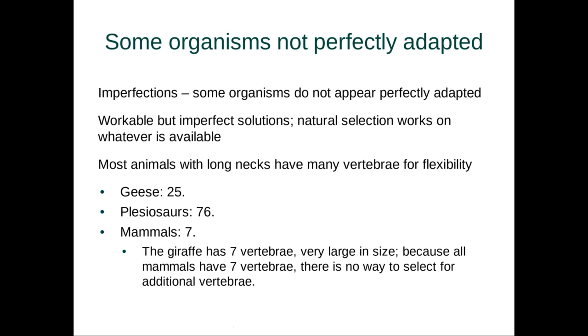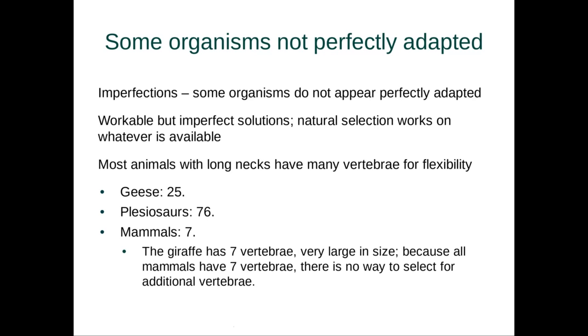Now, they have workable solutions, but natural selection, remember, has to act on what's available. So if the perfect solution for the environment is not present in your population, natural selection doesn't have the capacity to act upon that, right? You need the traits to act upon. That's the bottom line. You can't have traits come out of nowhere. The traits have to be there for selection.